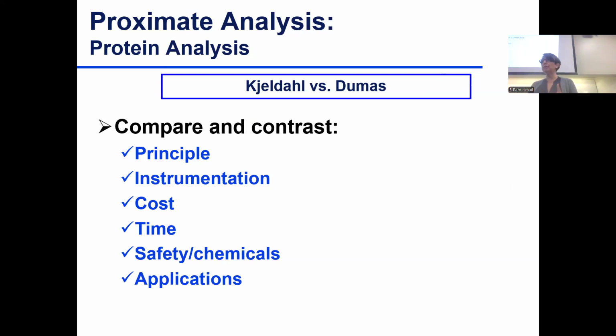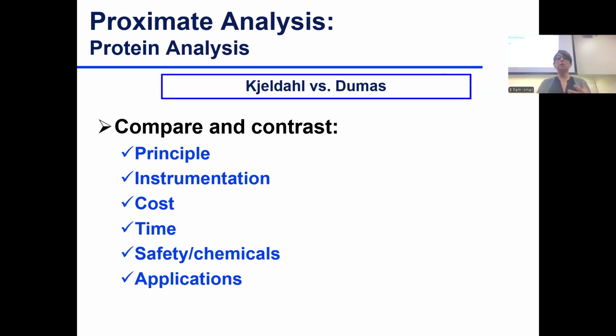It's very expensive and high maintenance. So if we have a lot of samples that we want to run, it makes more sense to have the nitrogen combustion. If we usually have few samples to run, Kjeldahl is cheaper and can be run with fewer samples.